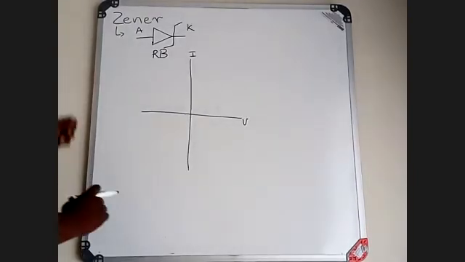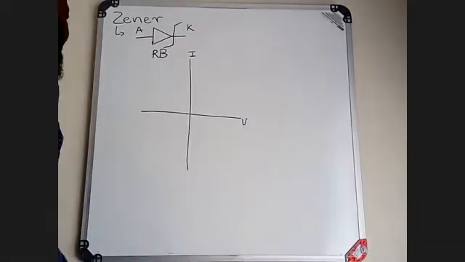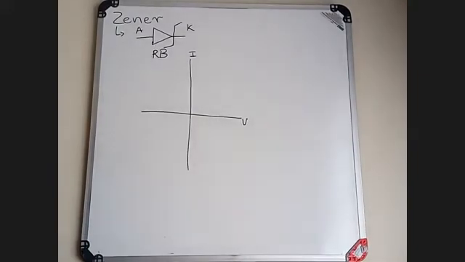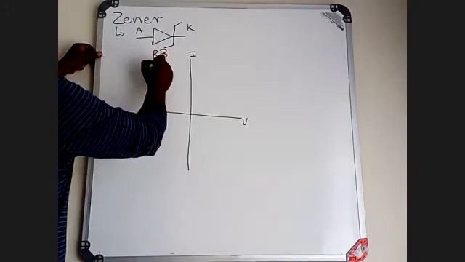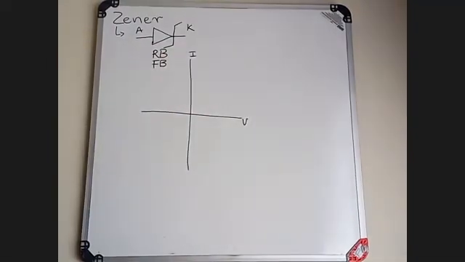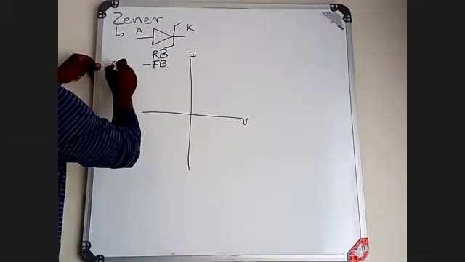Now, when this component is connected on an electrical circuit, during forward bias mode, this component will act as a normal diode.